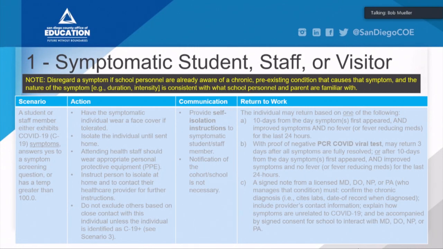The first thing we want you to know is if you have somebody who has symptoms that the school is already aware of, that this person has a chronic pre-existing medical condition that causes the symptom, and that symptom hasn't changed in any way, its duration and intensity are consistent with what we see every year at this time, if it's an allergy or it's just consistent with the medical condition, and the parent says it's consistent and school staff know it to be consistent, then you can disregard that symptom. You don't need to exclude that person based on that symptom.